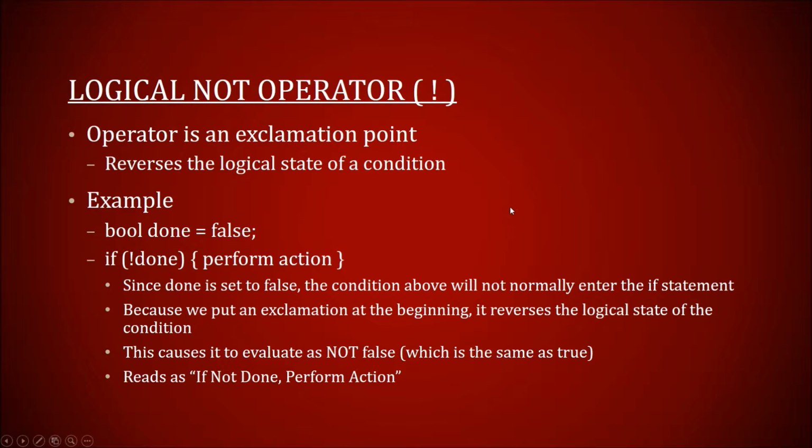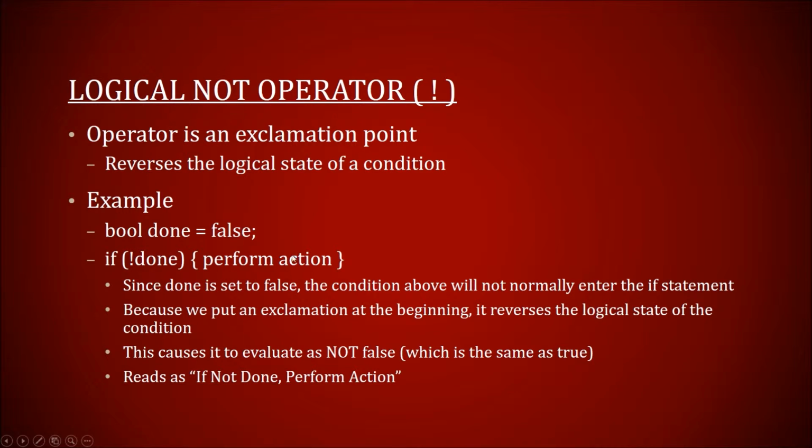We also have a logical not operator to go over. This just reverses the logical state of some condition. A good example of this is if we had a bool done equals false. So say done was currently holding false. Then we say if not done, and since done's not true, that means it's not done yet.